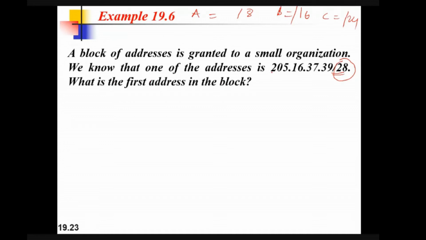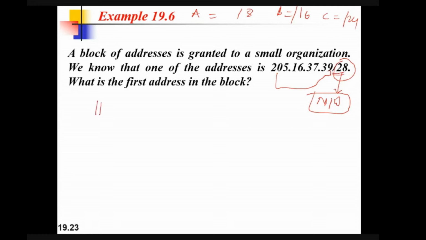We have been asked what the first address in the block is. For that, we would have to represent this address in binary form. Or let me tell you a shortcut trick. So this is 28. What does this 28 mean? 28 ones in the network part.